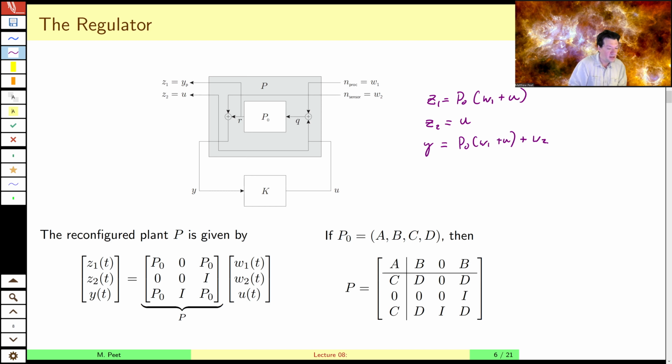Okay. And so we can write down these 3 equations, or we can write down this aggregate plant by just writing these equations down.